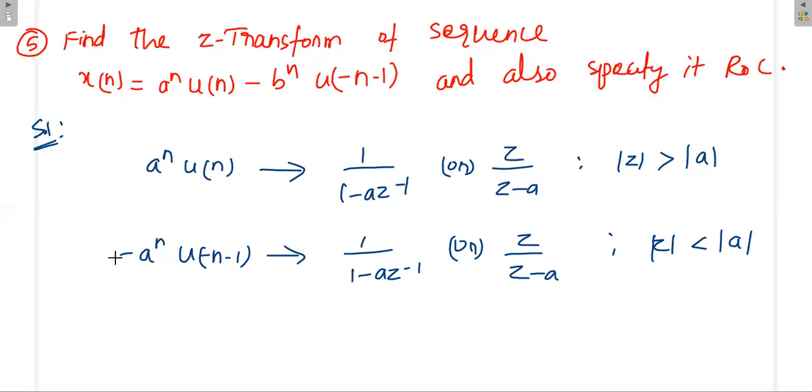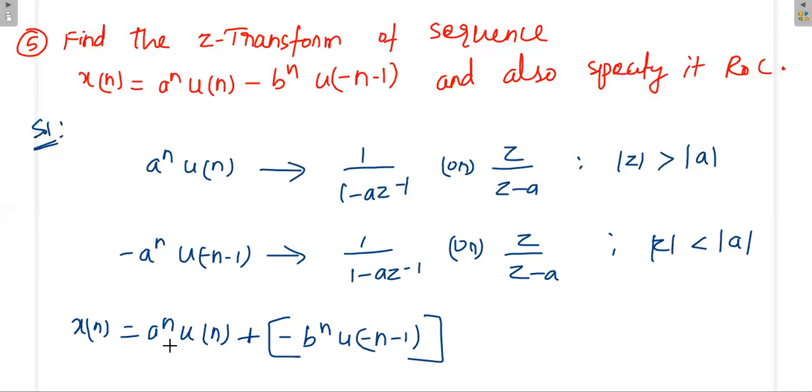So the given problem we can write as x of n is equal to a power n u of n plus, absorbing the minus inside, minus b power n u of minus n minus 1.